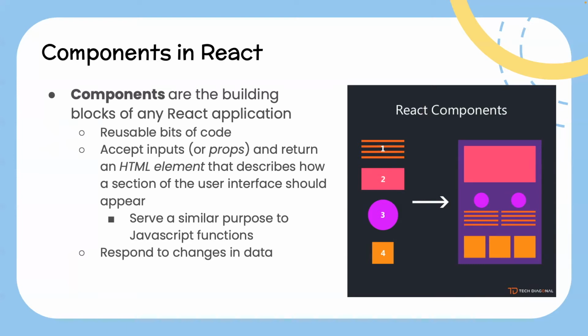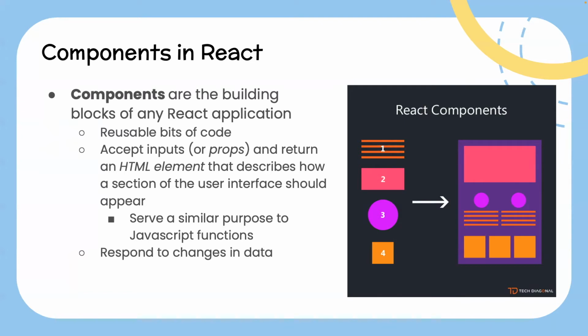So in this picture on the right, you can see the web page created by React, and on the left are all of its components. These are the elements that compose the React web page. So you could say that components are the building blocks of any React application.